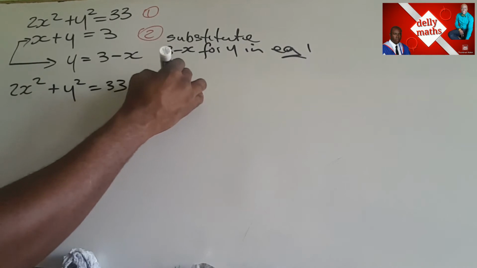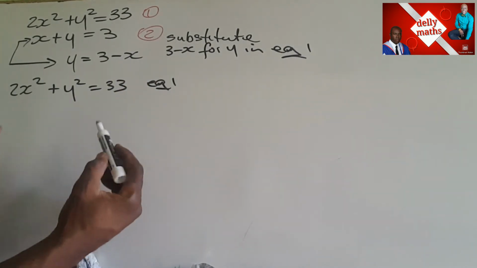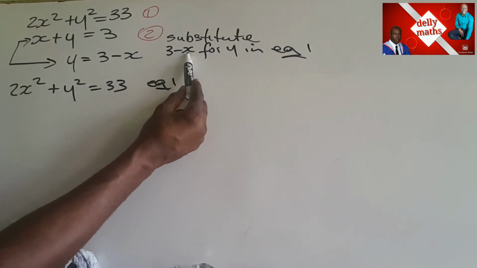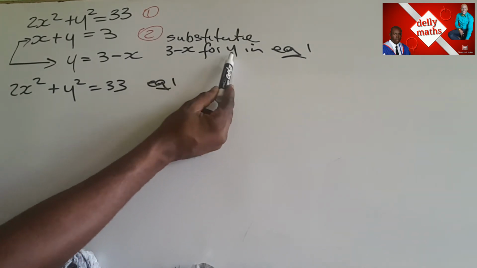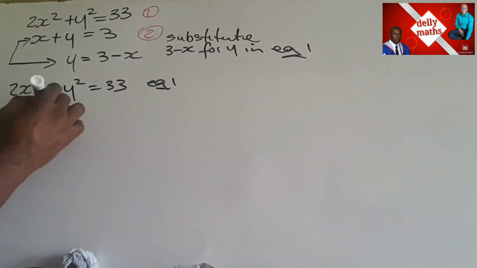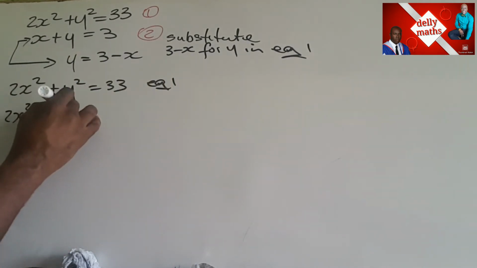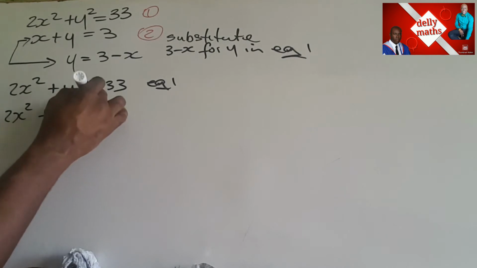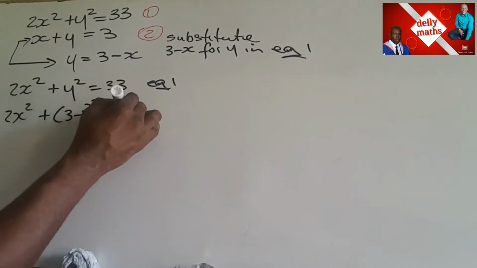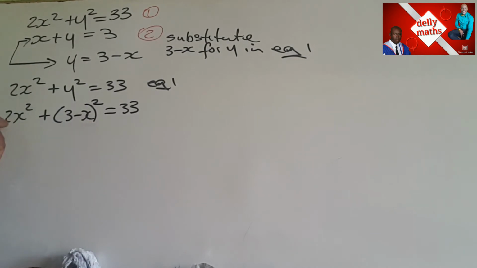This is my equation 1. But remember, I will be substituting 3 minus x wherever I see y. So writing this back, 2x squared plus y squared, where the y squared is going to be (3 minus x) in brackets, squared, equal to 33. If you look at this point now, you realize that we only have one variable to deal with, which is the x variable.